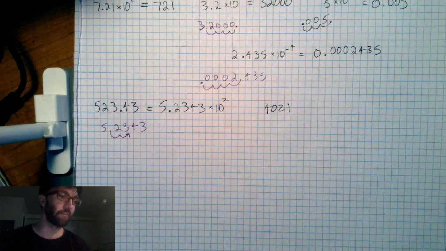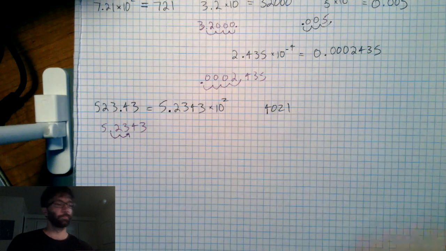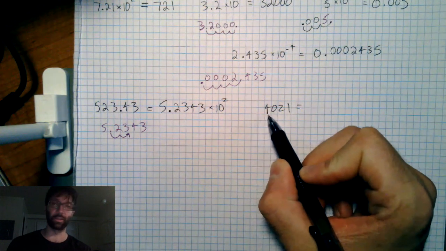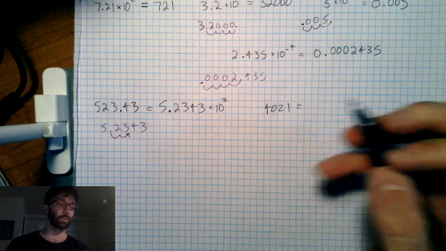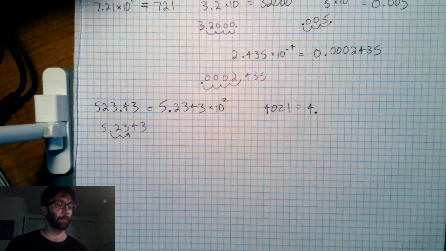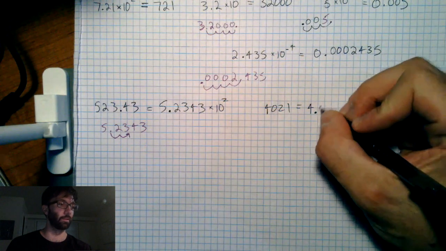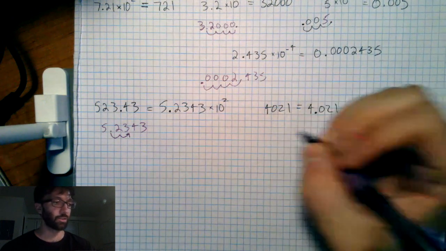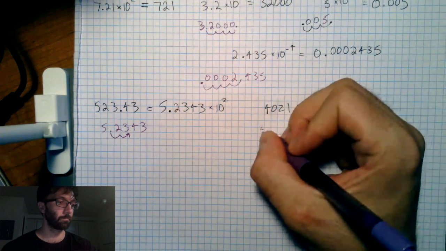Okay, so here we have 4,021. And so again, your first job is to find your first non-zero digit. And again, that turns out to be the first digit that we see, that's 4. And so I'll put my decimal after that, and then I'll fill in the rest of the digits. And so again, we've artificially placed a decimal here.